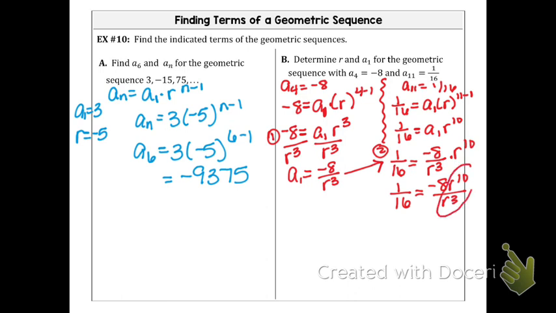We can simplify these r's. Remember, when we divide, we subtract the exponents. So I'm going to divide by negative 8. That gives me negative 1 over 128 equals r to the 7th.